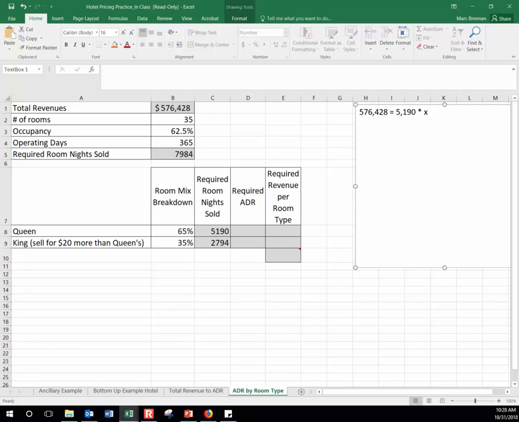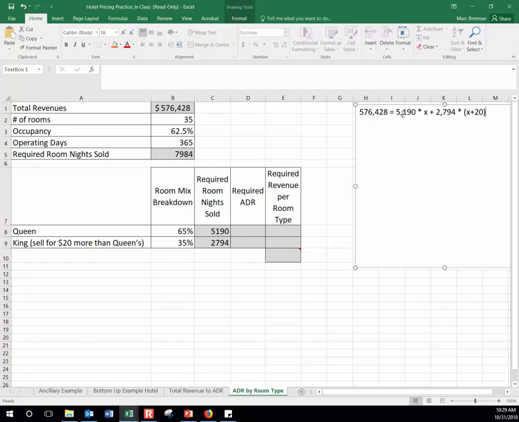Now we've only accounted for a portion of all the room nights sold, so we need to also add in the number of king rooms that we need to sell, multiplied by our price plus the $20 more that we charge. Okay. So X is again our price, our X plus 20.